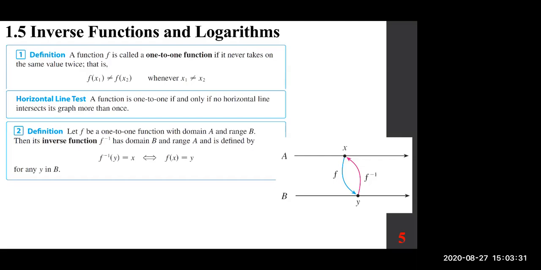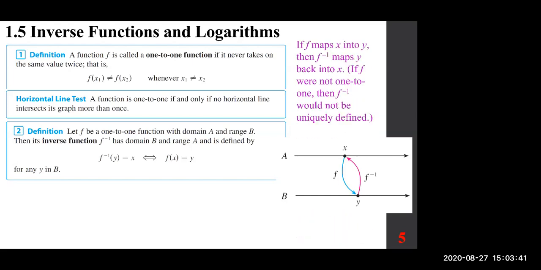With the f function, we map x into y, and with f inverse, we reverse the process, okay? So if f maps x into y, then f inverse does the reverse process, maps y back into x, okay, class? That's the synopsis of that.